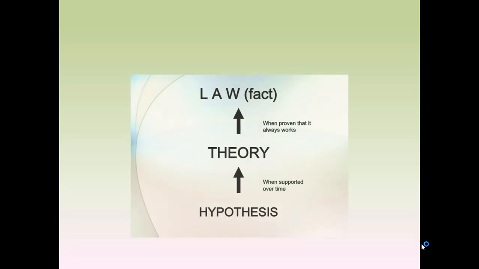What I want you to appreciate is that this idea that a hypothesis graduates into becoming a theory, which then graduates into becoming a law, is not correct. Okay? This is not how science works. Hypotheses, theories, and laws are separate entities. Okay? These aren't even like apples, oranges, and potatoes. These are like apples, dogs, and raindrops. Okay? These are different things.